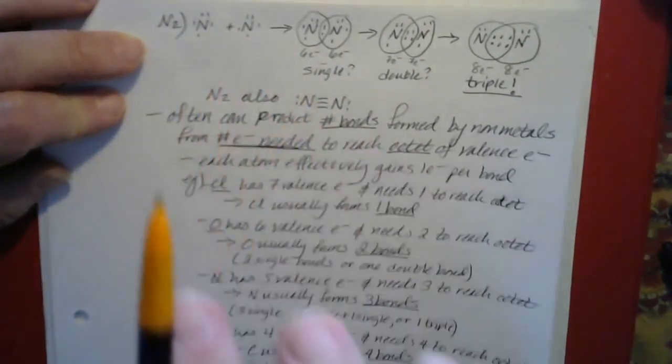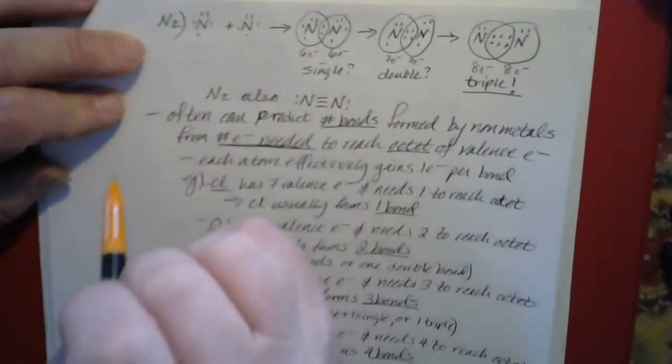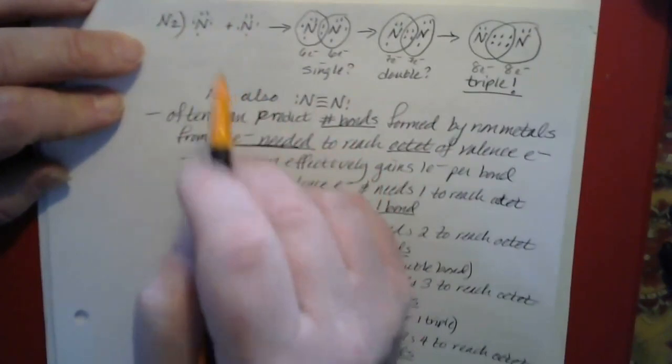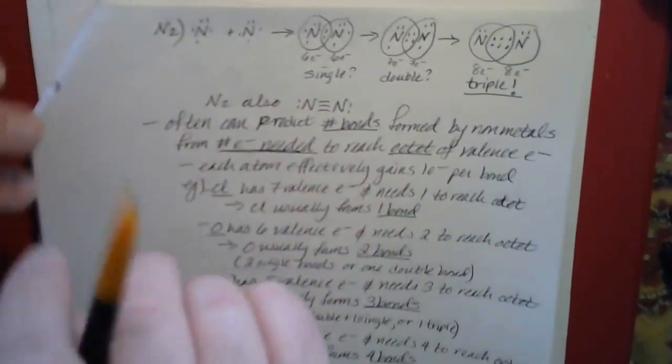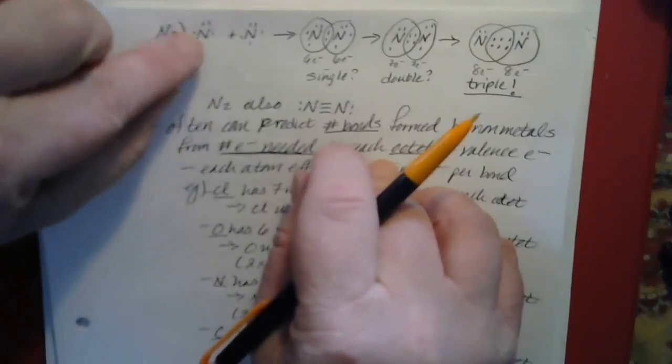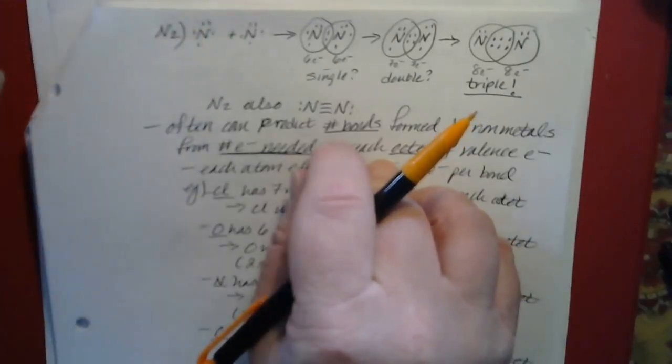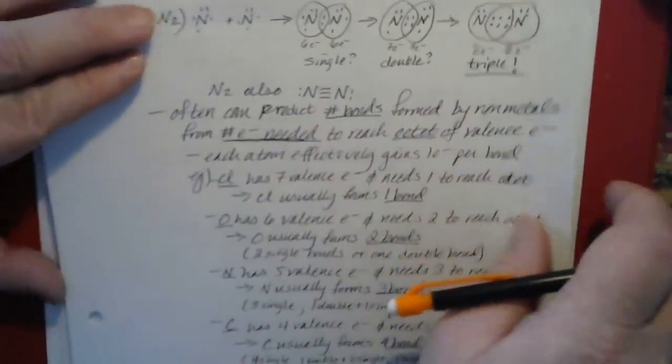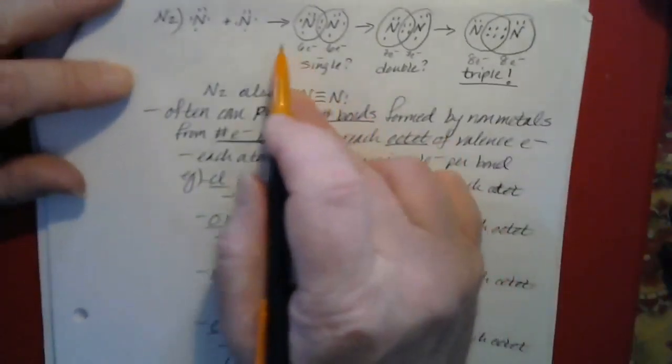If you draw the electrons singly around the 4 sides of the symbol and only then start pairing them up, you would go 1, 2, 3, 4, 5. So you end up with 1 pair of electrons and 3 electrons that are not paired. And that right there kind of clues you in that maybe you're going to need 3 bonds to get nitrogen to an octet. And that's exactly what ends up happening.